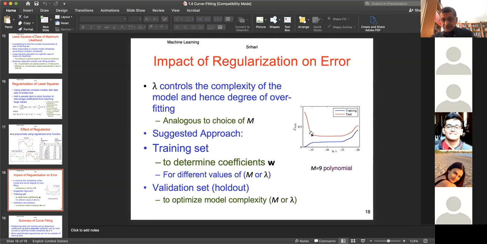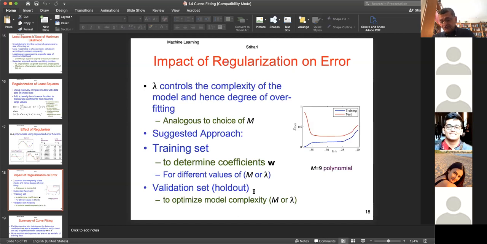So you find some point here, where we fix lambda to be somewhere over here, corresponding to the lowest point of the RMS error. We do this on a test set, which is referred to here as a validation set.